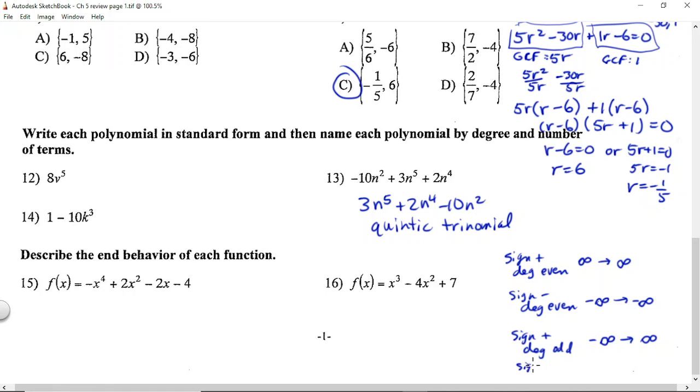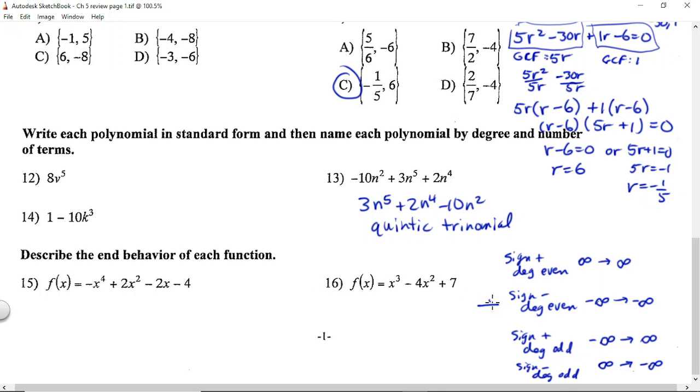And sign negative, degree odd. You just reverse that. Up and down. Okay, so those are the 4 cases. We're just doing number 15, so we didn't really have to write them all, but it doesn't hurt. Number 15, sign negative, of that term that has that biggest exponent, and degree even.